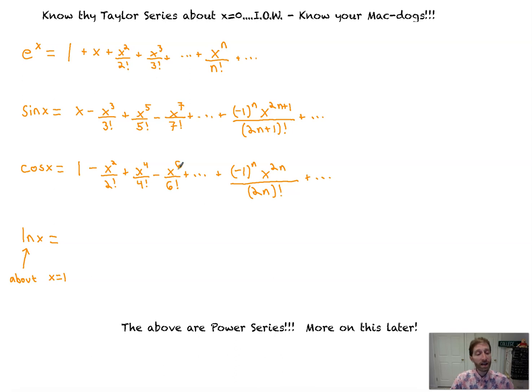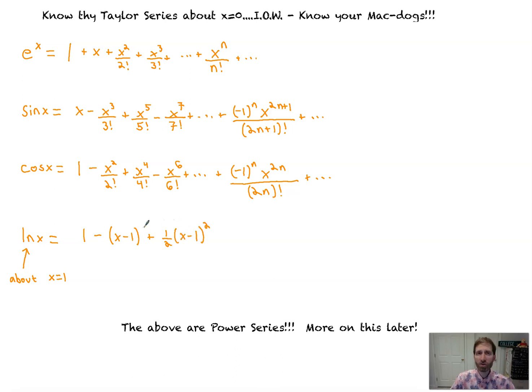That's your cosine. Now ln again, that one's not centered about x equals 0. Just as a little highlight here, it is centered about x equal to 1. This is an interesting one. It is going to be x minus 1 and then minus 1/2 times x minus 1 squared.